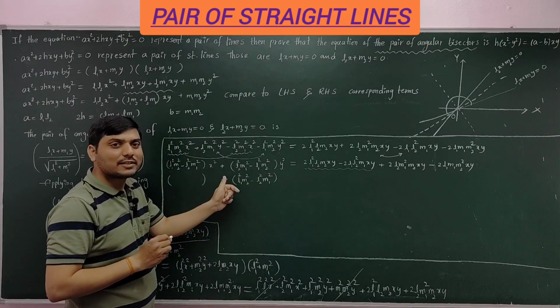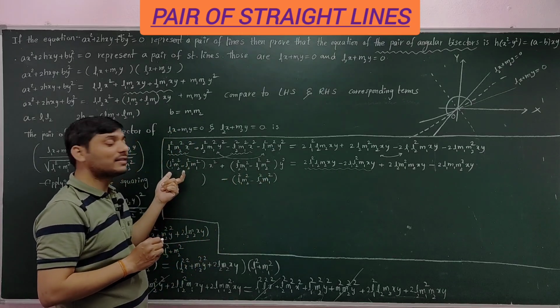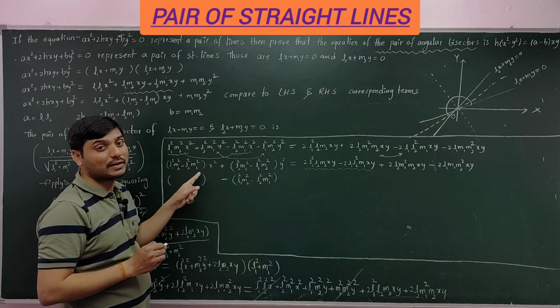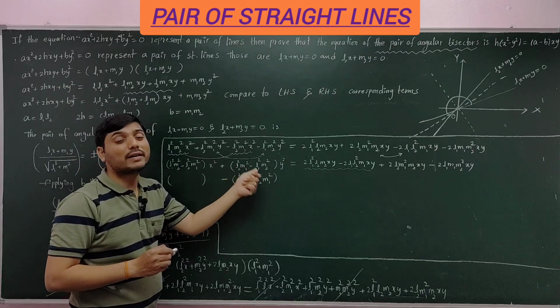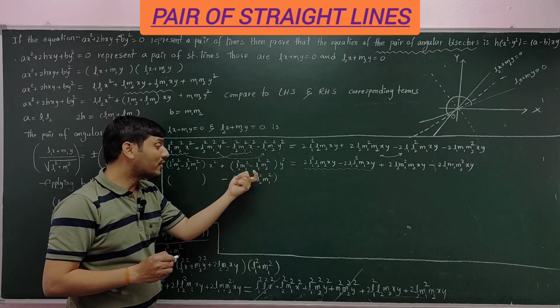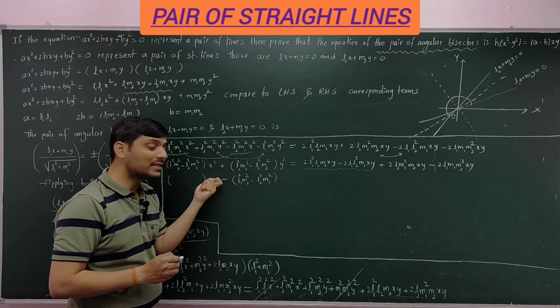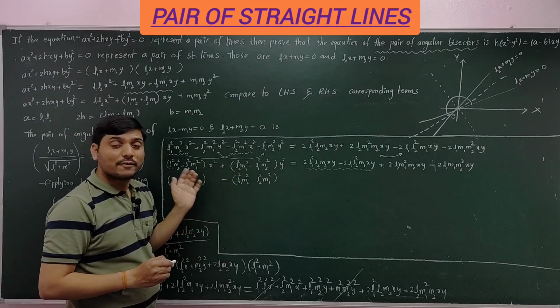Why are you taking it like this? Because the first term has l1 m2 l2 m1, but here l2 m1 l2 m2 is in reverse order. Whenever minus is common, the term is the same as the first concept.